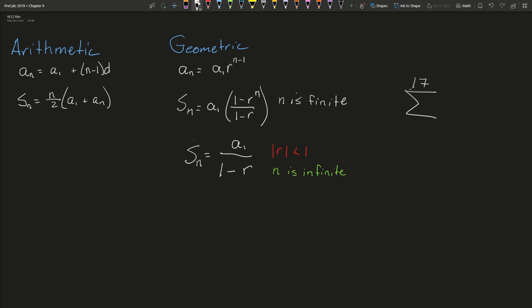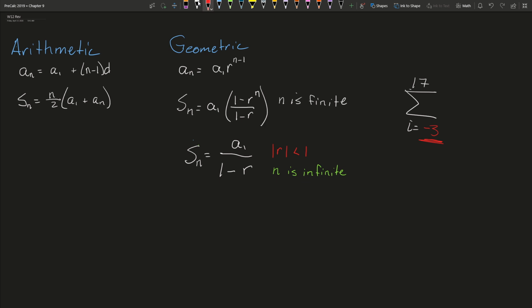So instead of i equals 1 here, it's like -3. In that case, your first term is a -3, and then you have to change the total number of terms that you're dealing with. That's really the only difference. We have to be careful about how many terms we're summing together and what our first term is actually going to be.